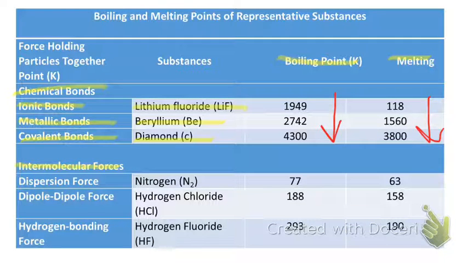All right. Now, from our diagram here, we can see that as we move from dispersion forces to hydrogen bonding, the boiling point goes up, so do these melting points. And we're going to look closely at what influences the boiling points for these intermolecular forces in just a moment.